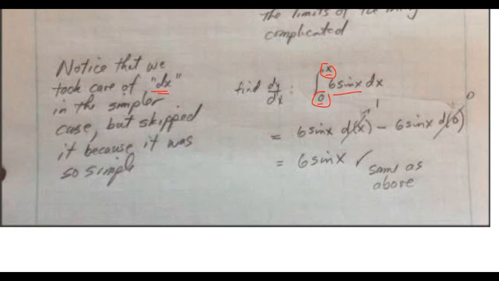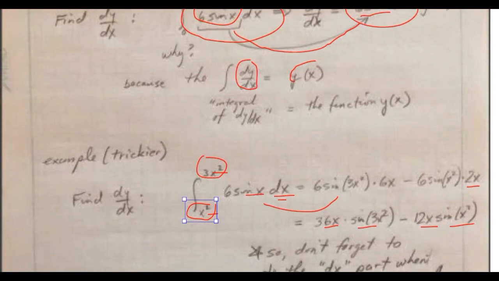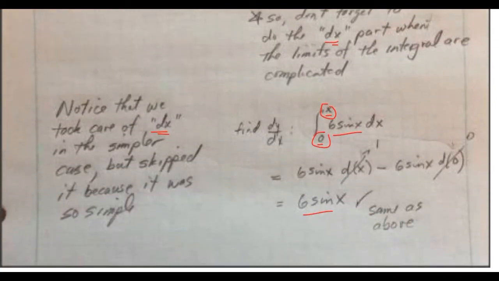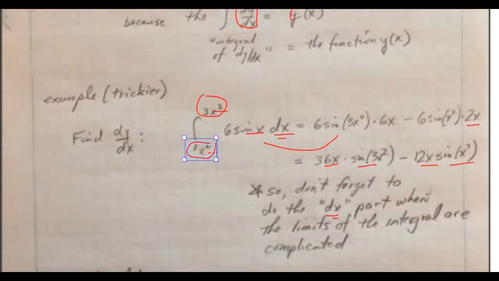The derivative of x is 1, the derivative of 0 is 0, so we end up just with 6x, which is the same thing we had up here. It does work out if you go through that, but it's pretty tedious, and you can see that you don't need to really do it on the simple ones, but you do need to do it on these trickier ones.